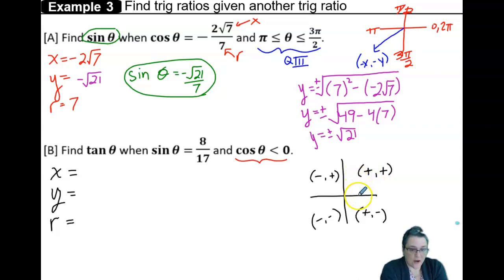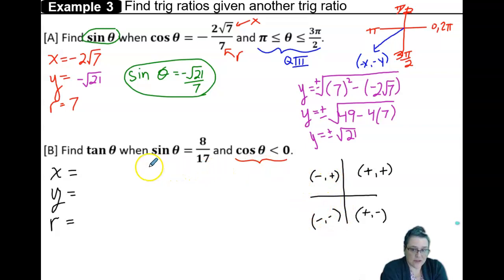In quadrant 4, the x is also positive, so cosine would be positive in quadrant 4. So if cosine is negative, then we're either in quadrant 2 or quadrant 3.